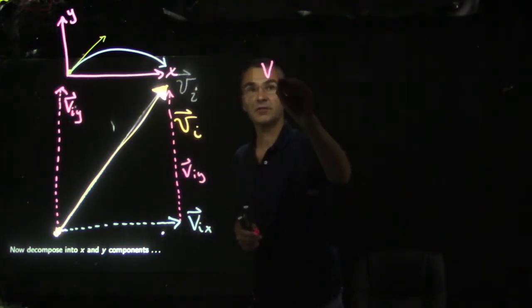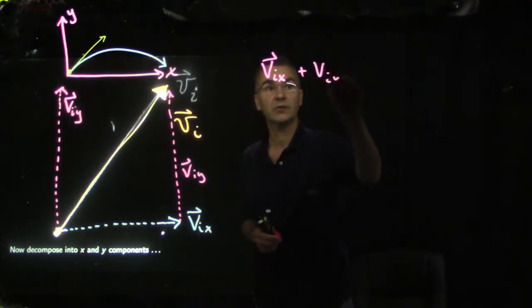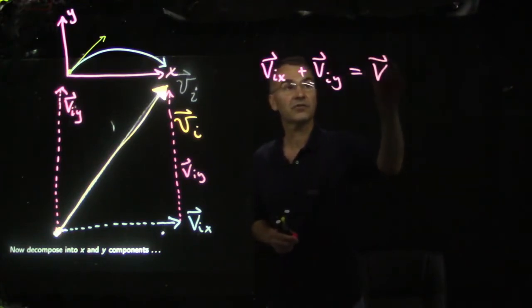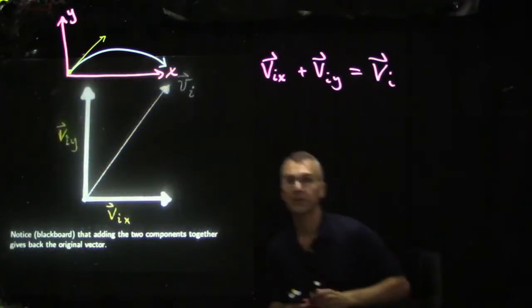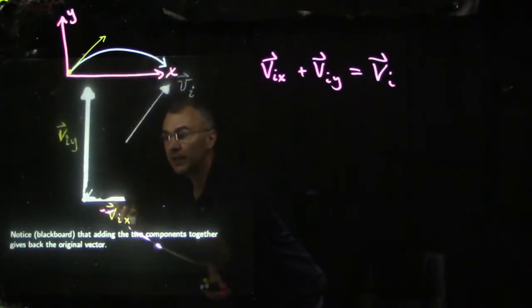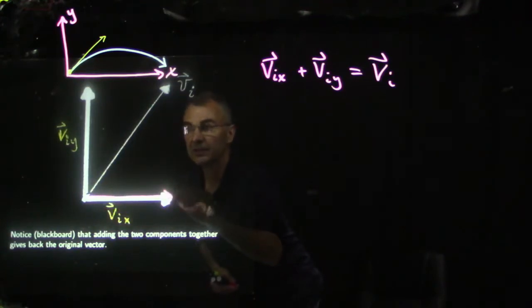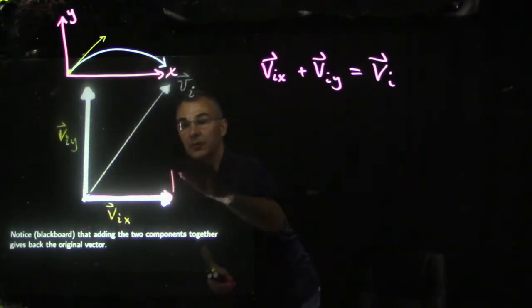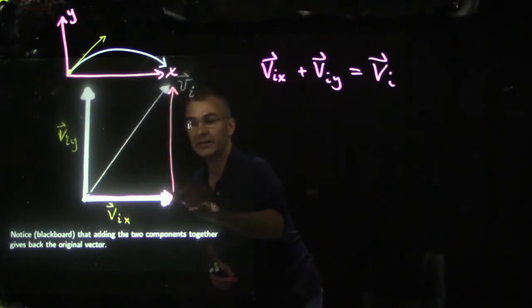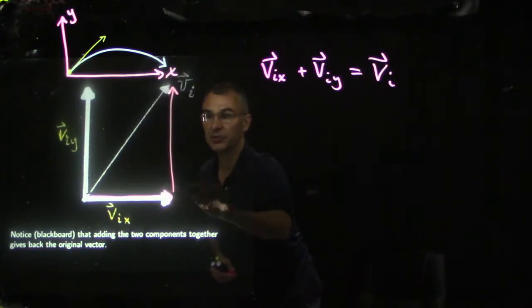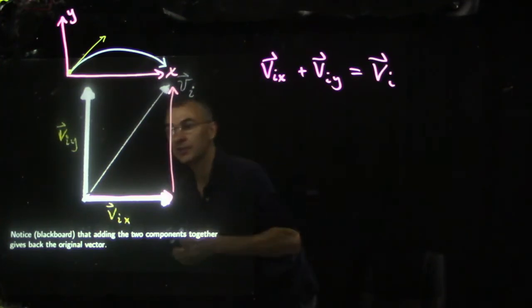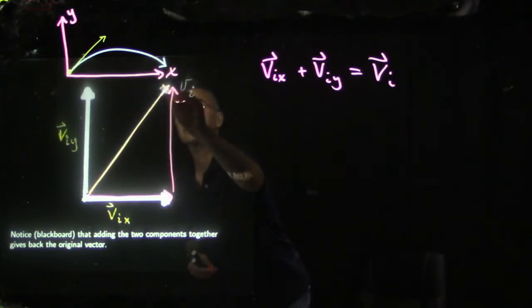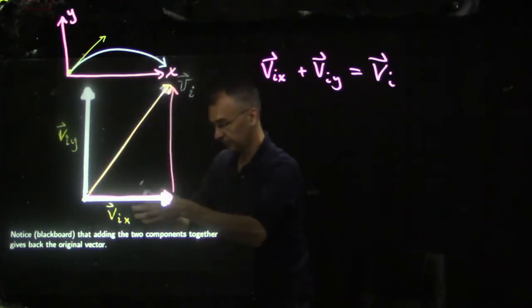So you can say that VI X component plus VI Y component is this original initial velocity vector. Once again, when you decompose it in this way, you can take the X part and then you can take a copy of the Y part. And when you add them together, the way you add vectors together is to put them tip to tail. Then the result that you get is the original vector. So here's the horizontal component.